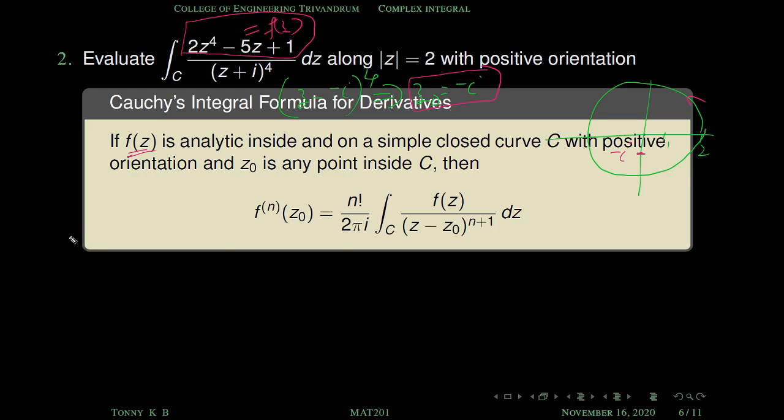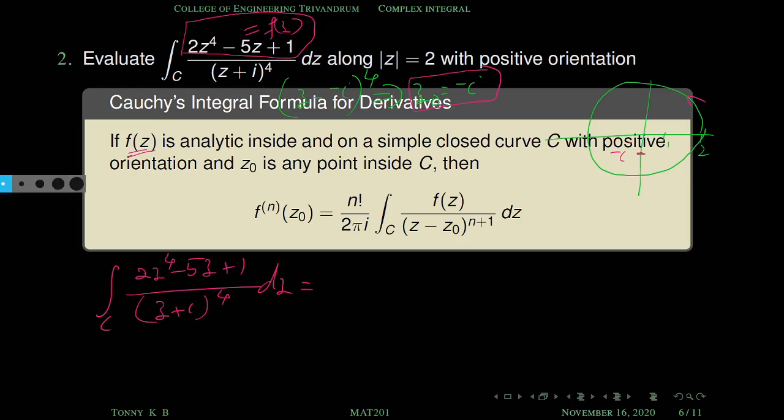So what about this integration? The integral over C of f of z, 2z raised to 4 minus 5z plus 1, by (z plus i) all raised to 4 dz is, by Cauchy's integral formula, equal to 2 pi i by n factorial times f^(n) of z0. What is n plus 1?